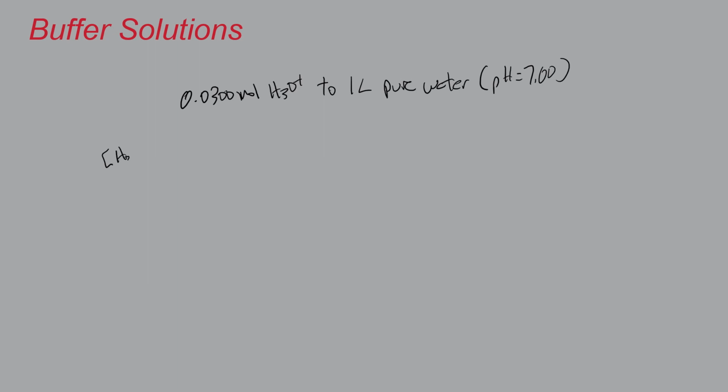So if you added 0.03 moles into 1 liter, you will get 0.03 molar hydronium, and that corresponds to a pH of 1.53. And so that is a change of 5.48 units. So it went down by 5.48 units.